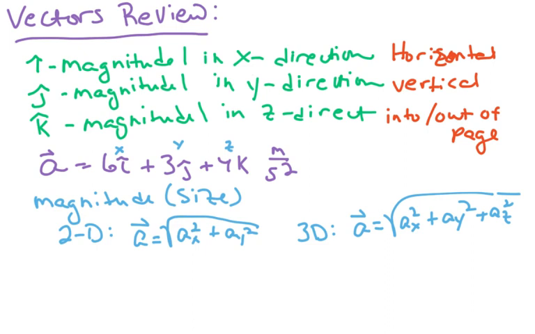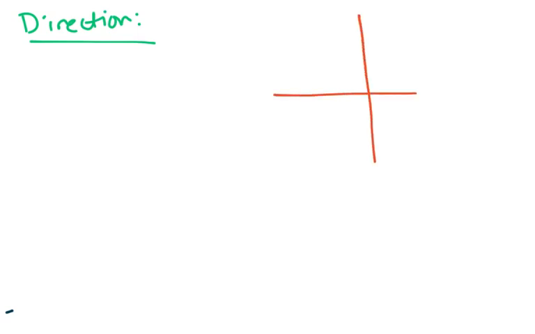If we're trying to determine direction, if you remember from math, when we have our axes, we have quadrants 1, 2, 3, and 4.